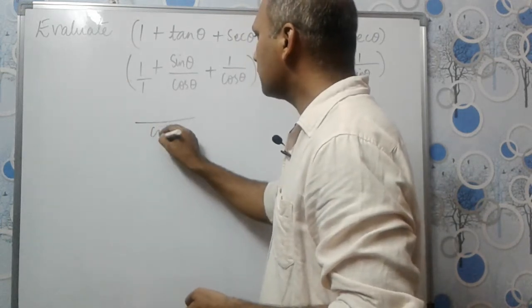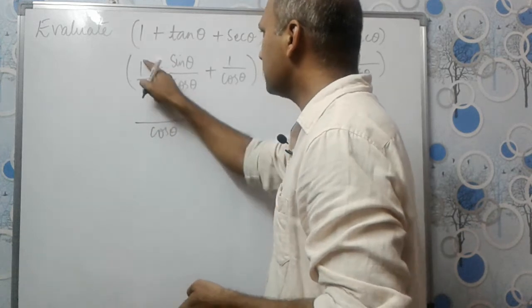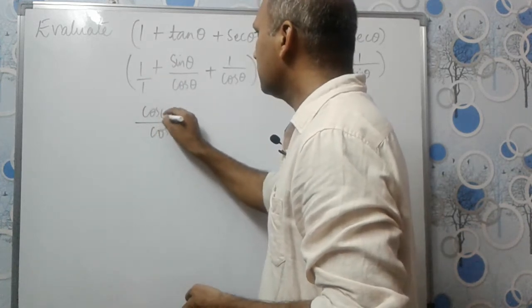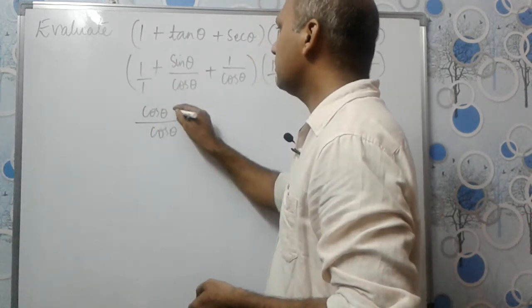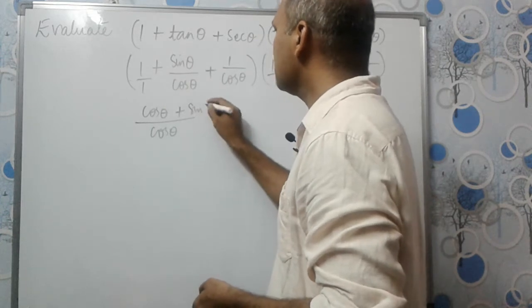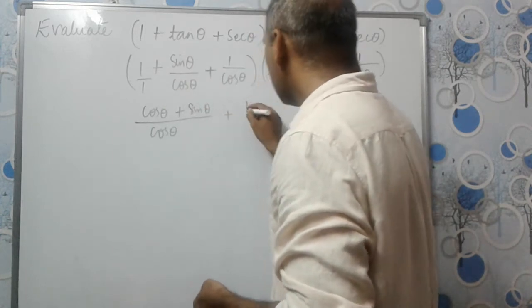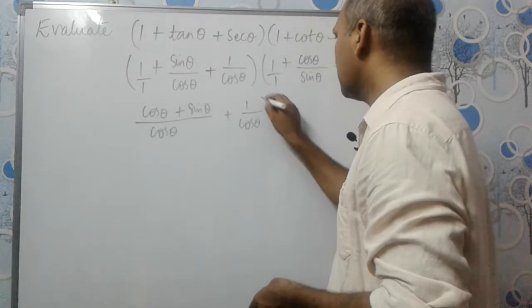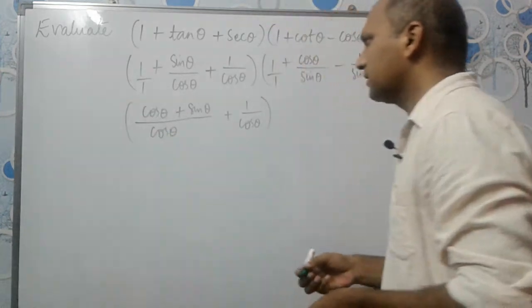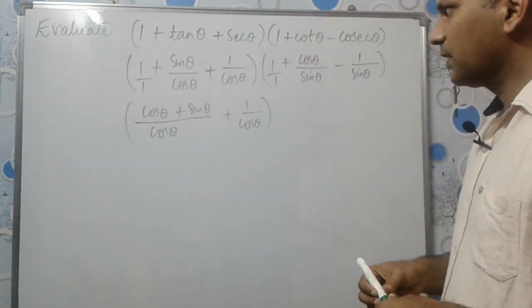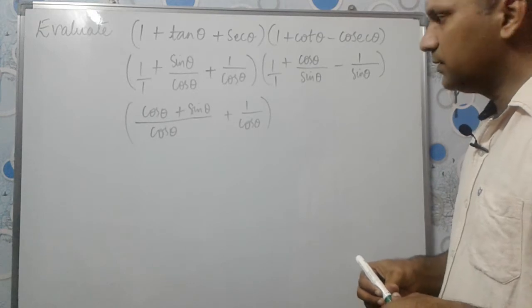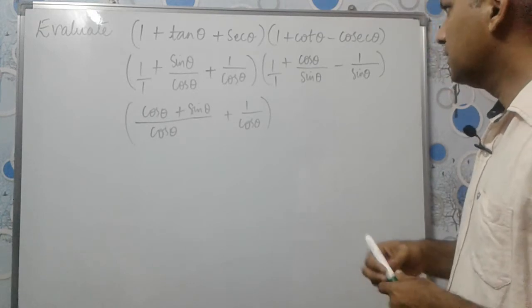Multiply 1 into cos will be cos, and if you cross multiply this, cos into 1 plus sin into 1 is sin, plus 1 by cos theta here, like this. It is the same thing.